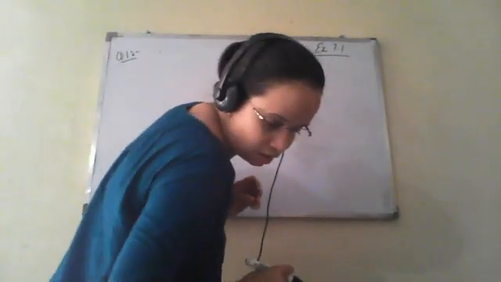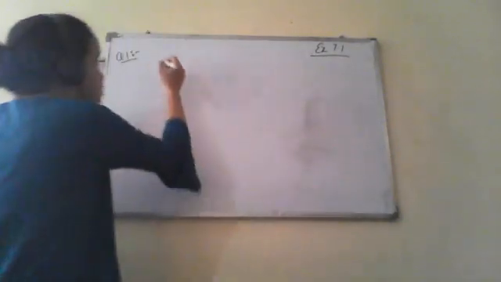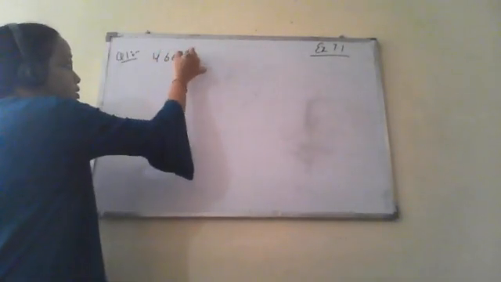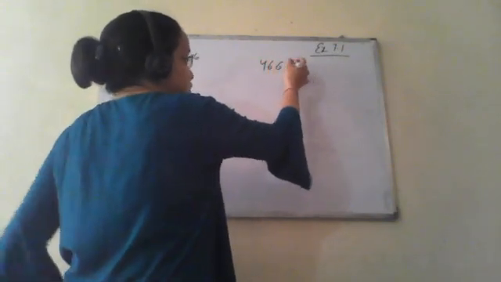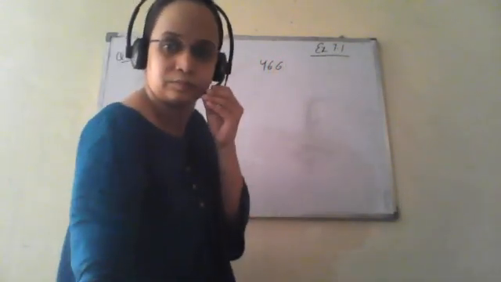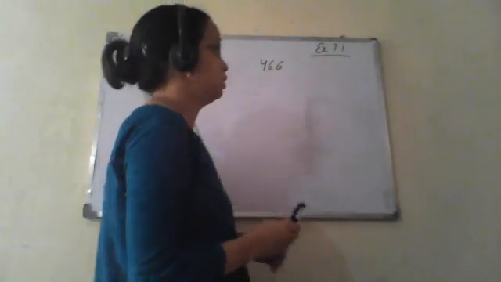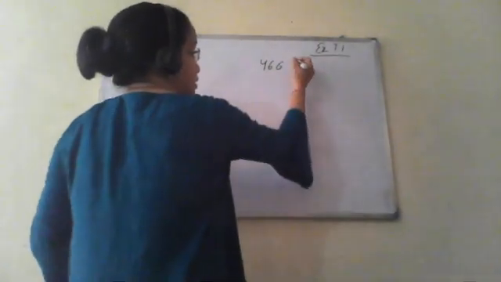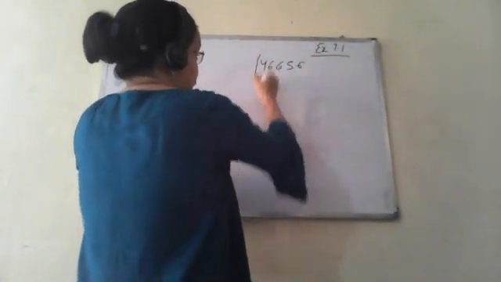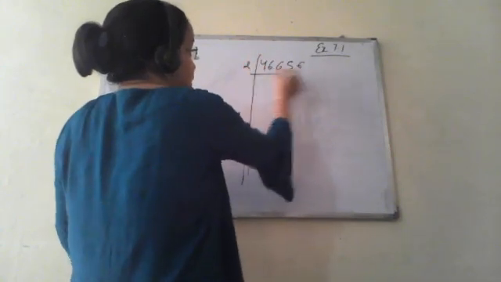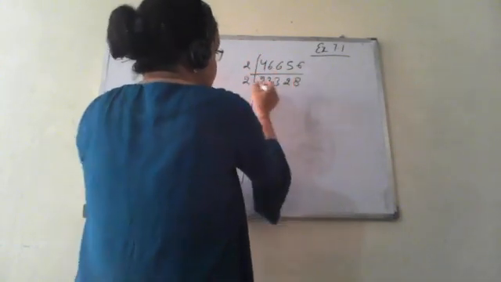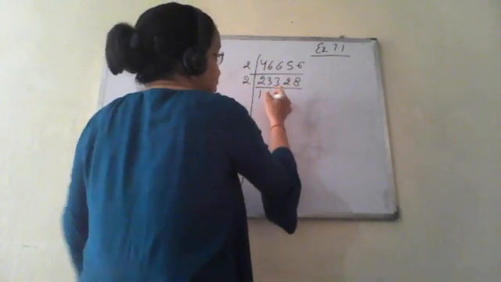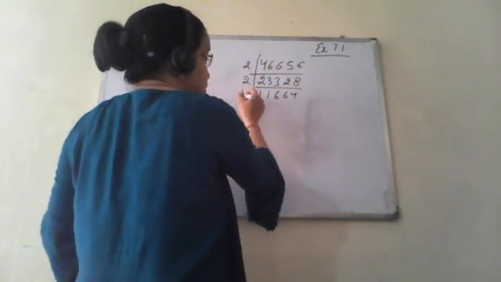Now next part. Next is 46656. So we have to do its prime factorization. This is 2 3 3 2 8. This is 1 1 6 6 4.